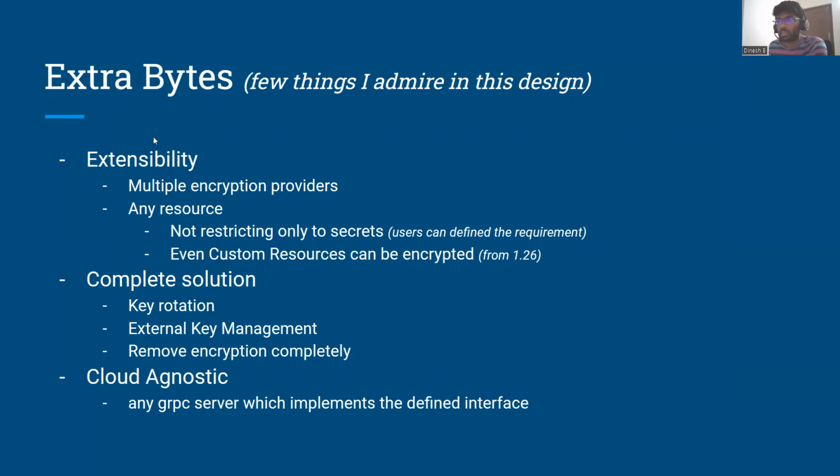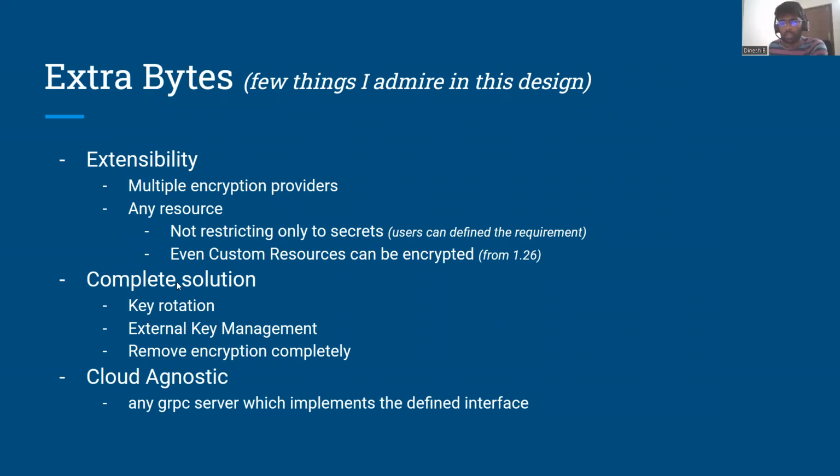For example, extensibility: supporting multiple encryption providers, like statically putting the keys into the file system, having an external KMS, and they are also bringing in V2 with some improvement. So they keep extending this with different providers. Any resource, not restricted only to secrets. It can be secrets, config maps, and even user-defined custom resources can be encrypted.